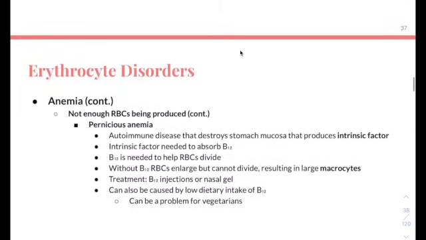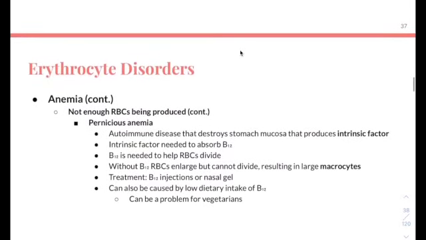We have pernicious anemia. Pernicious anemia is when we need B12. What helps us absorb B12 is called intrinsic factor. It's in our digestive tract.